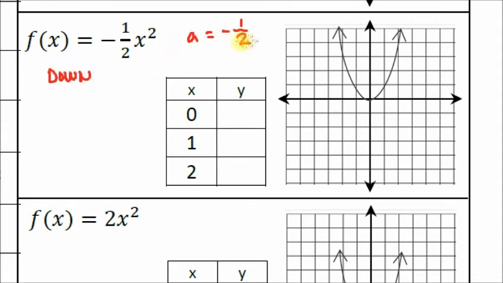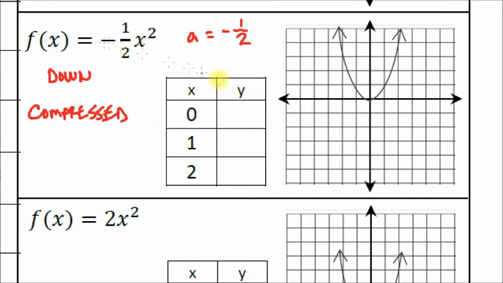And since A is between 0 and -1, that means it's going to be compressed. It's a fractional value between 0 and 1, or in this case, between -1 and 0. That means it's going to be compressed.